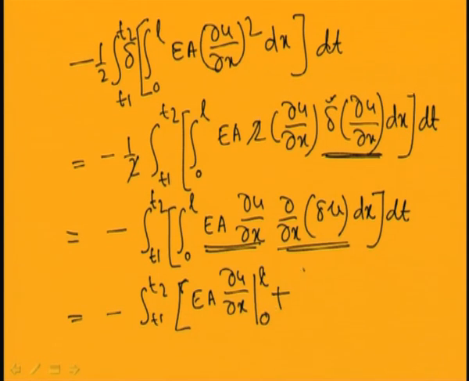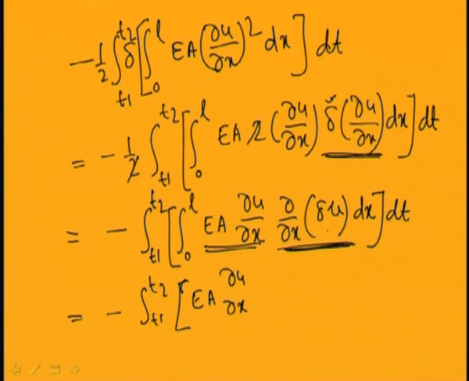So plus integration 0 to L E A, differentiation of this, which becomes del by del x of del u by del x. If I am assuming this E A to be constant, then I can write this as E A del square u by del x square. And as seen in the previous way, the integration of del by del x of del u equals del u. So I can write it again.